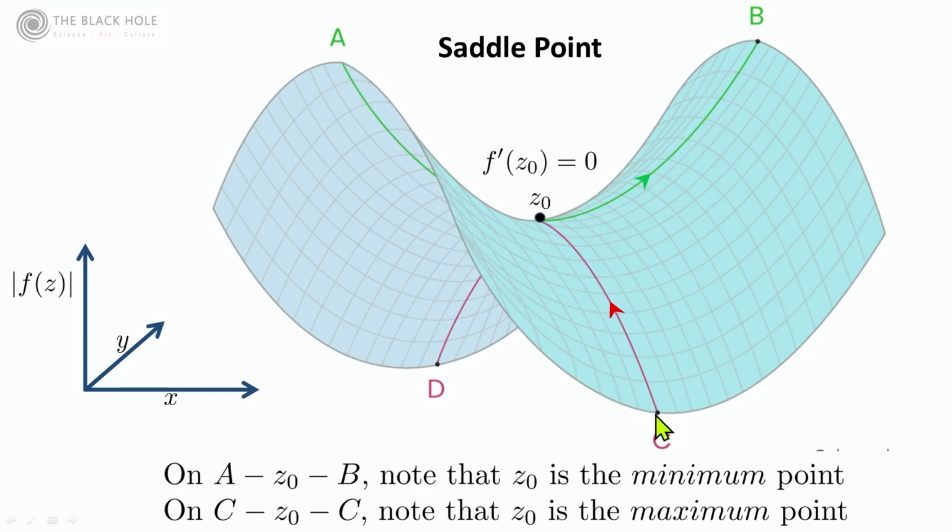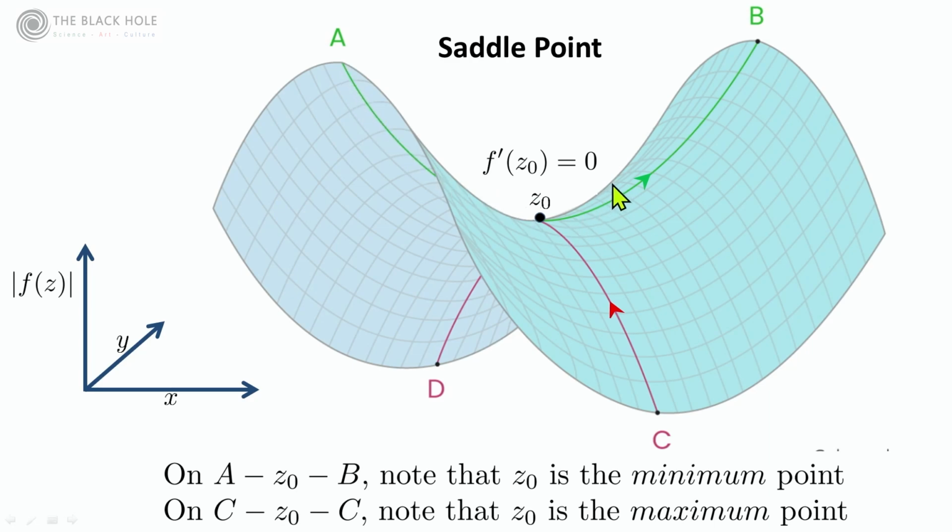And this makes it very clear that if I go on this path, A, Z naught, B, at this point, Z naught, I have an extremum.